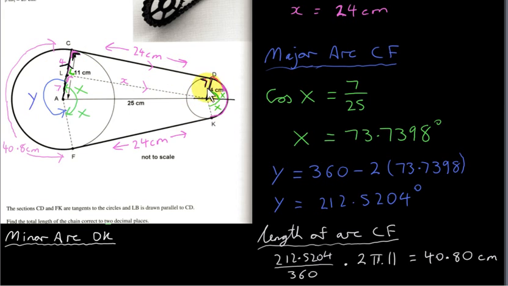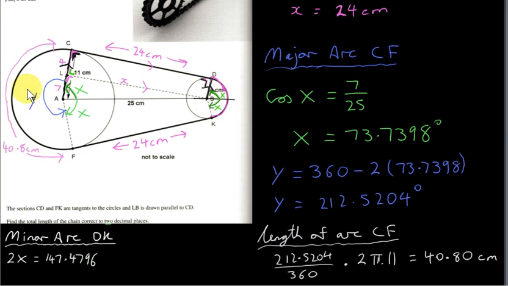So this line is parallel to this line, which means that we have a pair of corresponding angles. We have this line here cutting through these two parallel lines and forming what are known as corresponding angles. Corresponding angles are equal. So if this angle is X, this angle over here is X. And similarly underneath here, this angle here is also X.